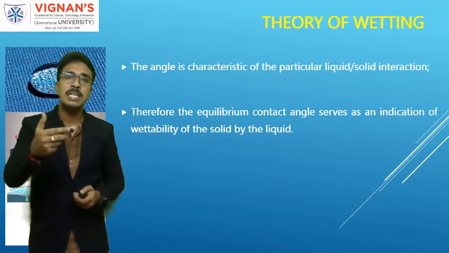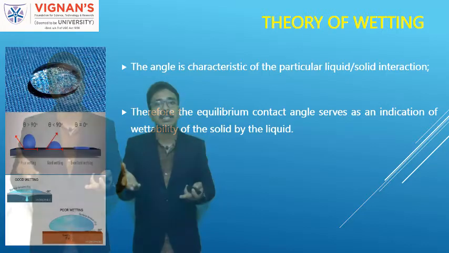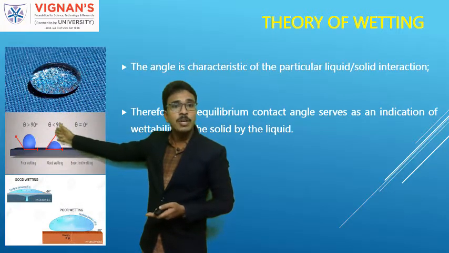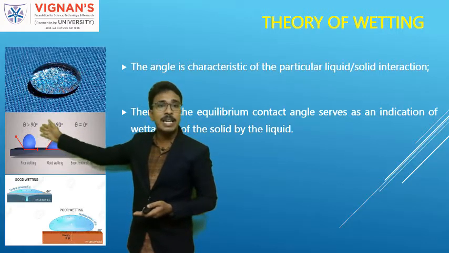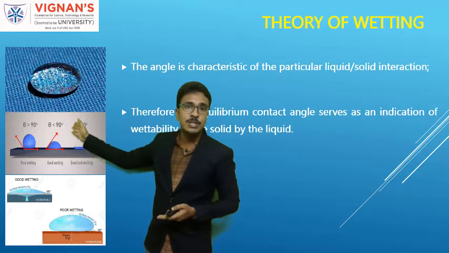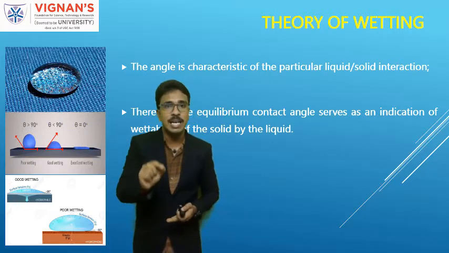If the contact angle is less, that means the droplet has spread completely. Even in this second image you can see three different angles: theta greater than 90, less than 90, and theta equal to 0. What is that theta? That theta stands for contact angle.